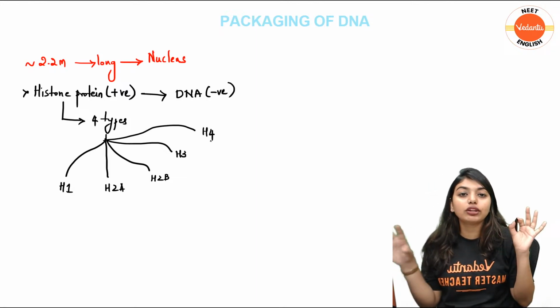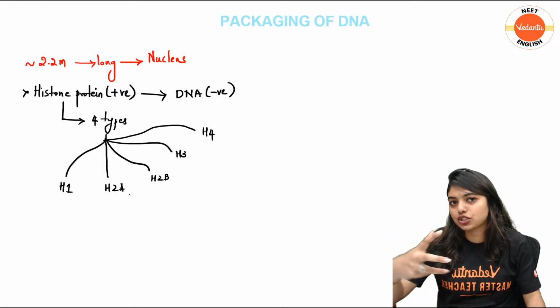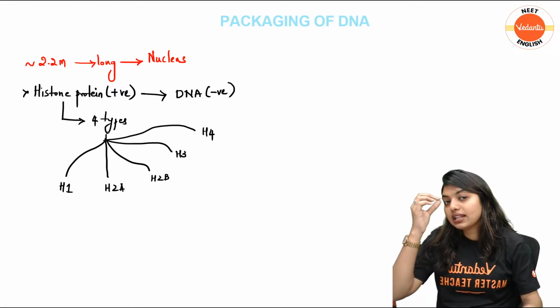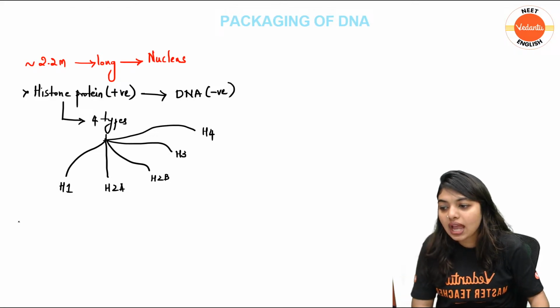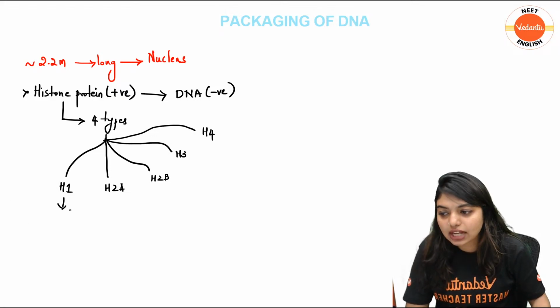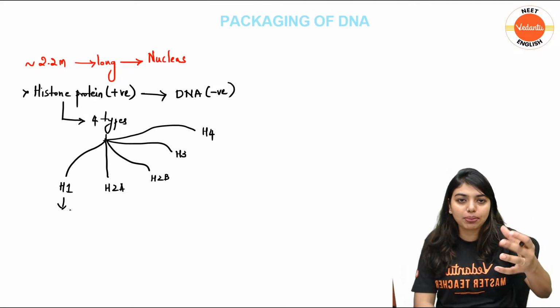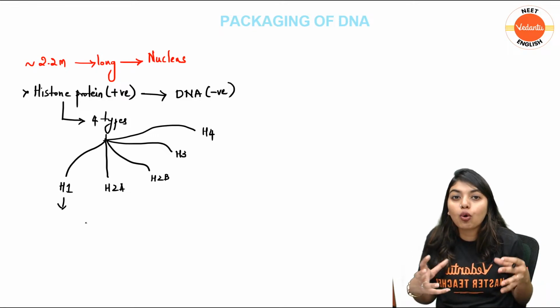If you look, there are only 4 types because H2A and H2B are just variants. But there are 5 main histone proteins helping in this binding. Out of that, H1 is actually not helping in the packaging part. It is only helping in holding all this together.